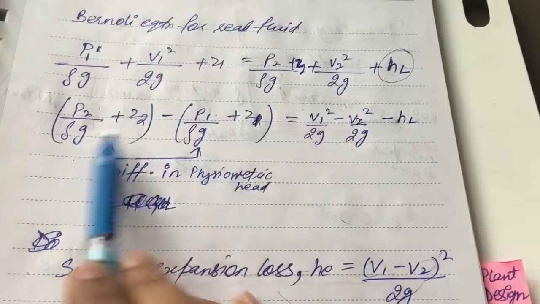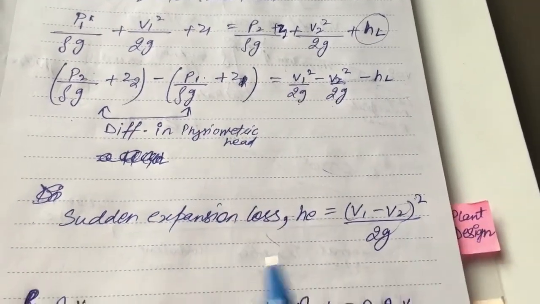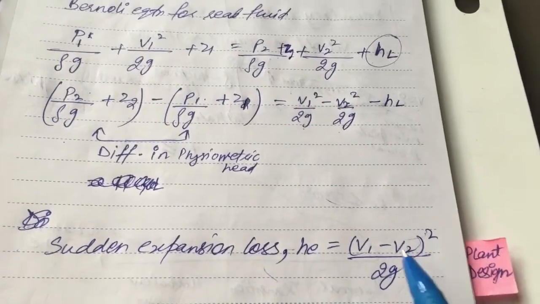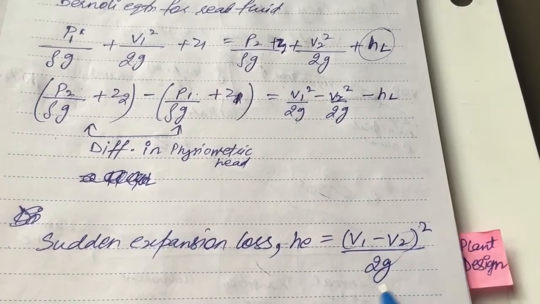And this side is basically the difference in piezometric head. And sudden expansion loss is given as He would be equal to V1 minus V2 whole square by 2g.